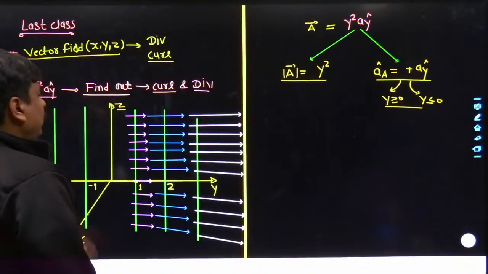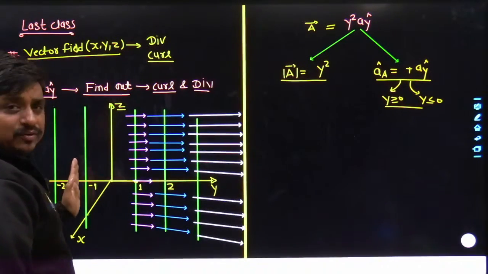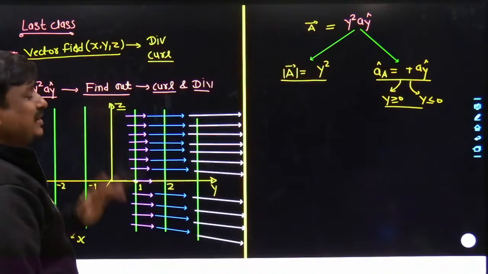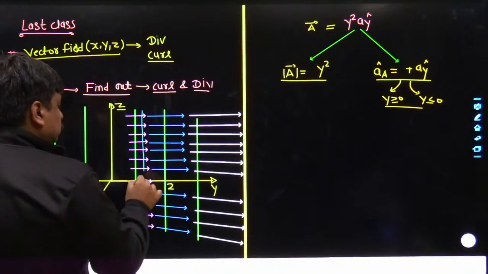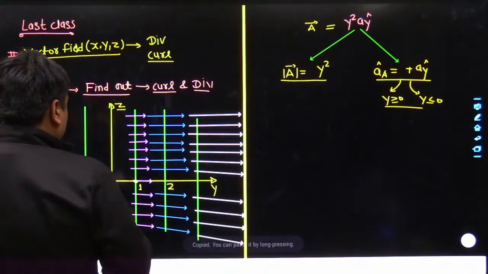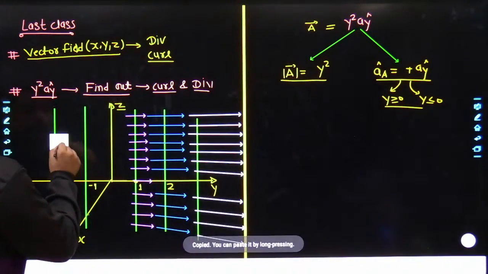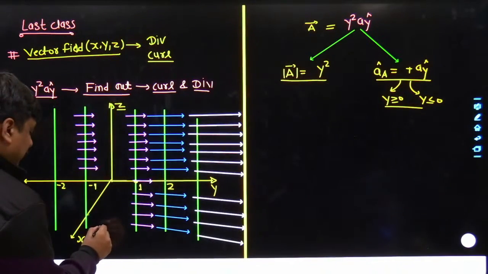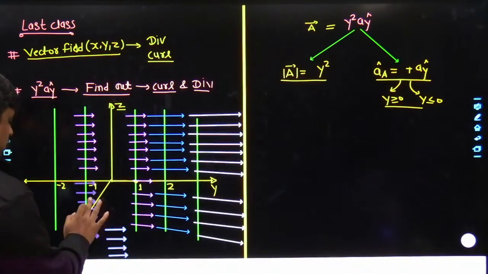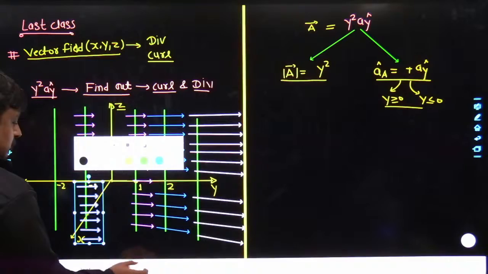So even at y is equal to -1, the magnitude would be +1 and the direction would be in the direction of positive ay cap. Let me copy this out, and here I am just pasting it somewhere here, and similarly let me paste over here. Agreed?